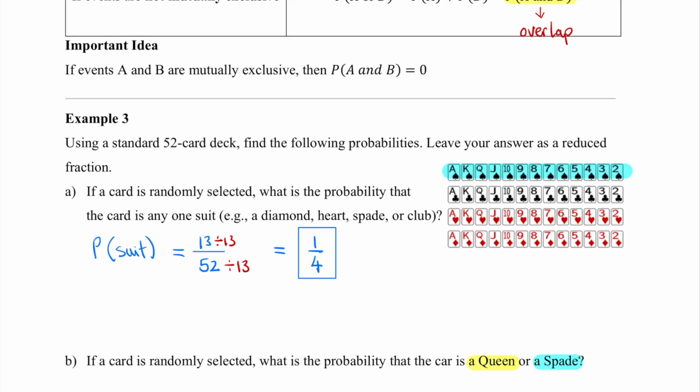This is spade, and this is queen. Is there any overlap? Yes. The queen of spades belongs to both groups. That means these events are not mutually exclusive. If we simply add the probabilities together, we count the queen of spades twice. To fix that problem, we subtract the overlap.